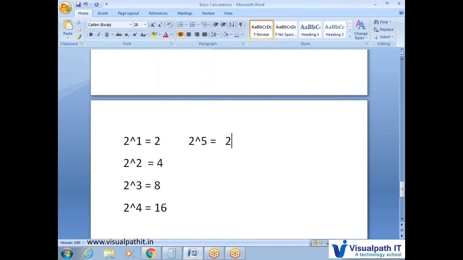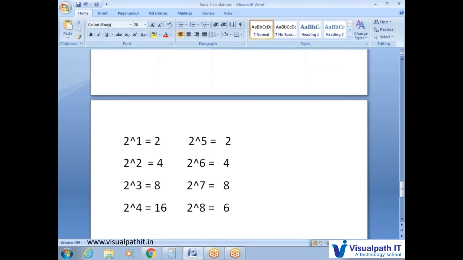Next, 2 power 6: the ending value is 4. Next, 2 power 7: the ending value is 8. And the next one, 2 power 8: the ending value is 6. Clear, all of you?